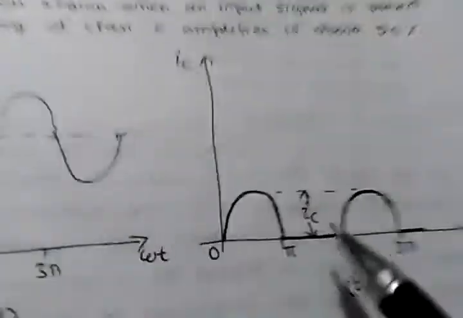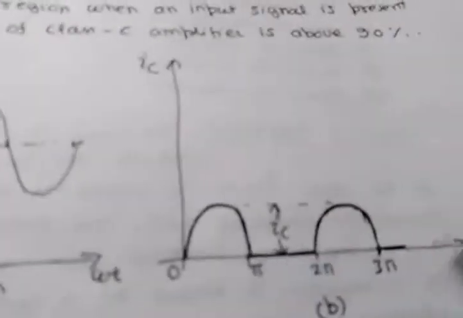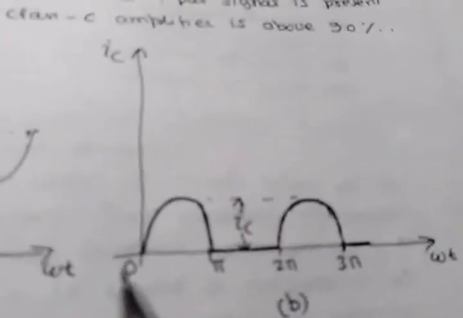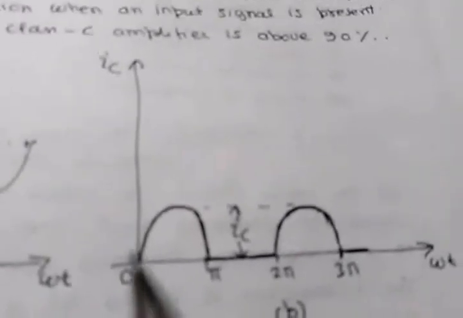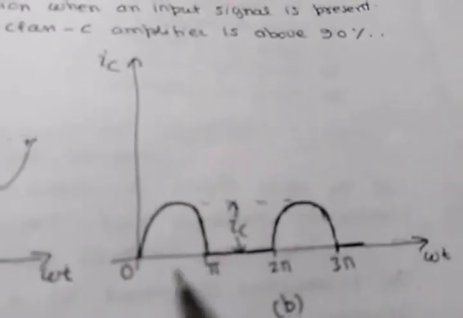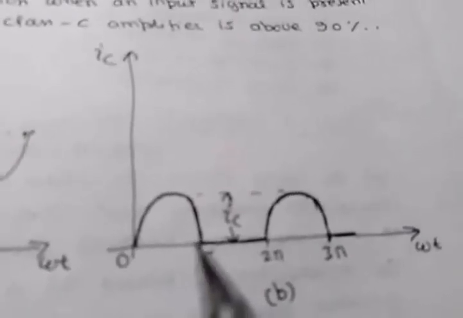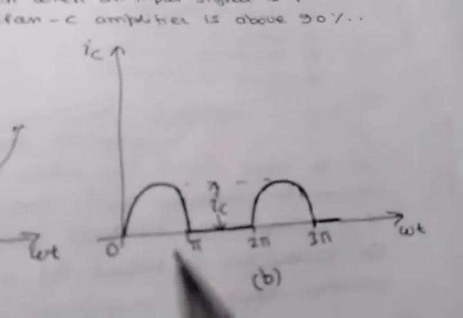See the waveform of collector current of class B amplifier. This is the waveform. From this waveform, it is clear that collector current flows only for the positive half cycle of the input signal.